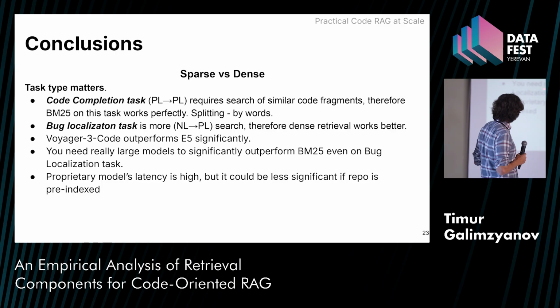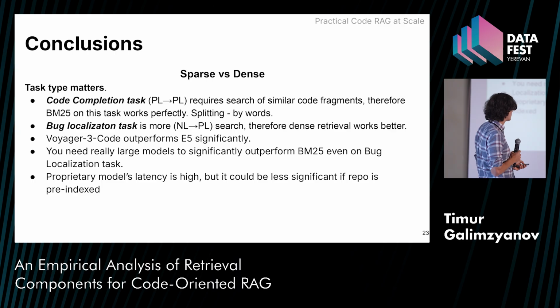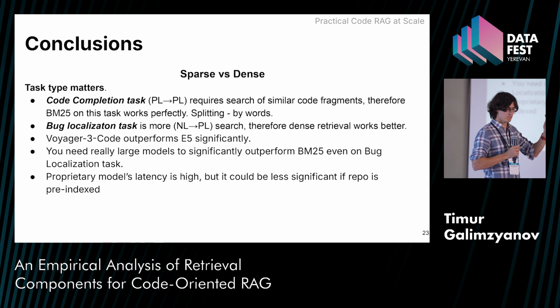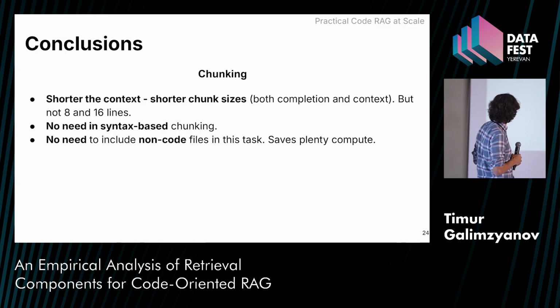You need really large models, I mean larger than 500 million, to surpass BM25, even on natural language to programming language tasks like bug localization. Proprietary models' latency is high, but it could be less significant if you are pre-indexing.